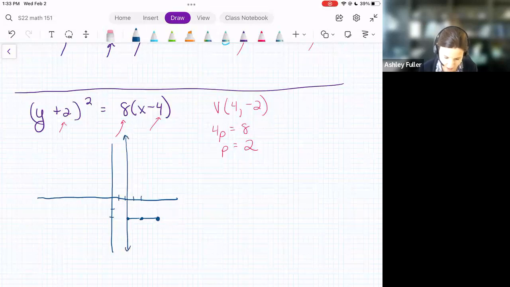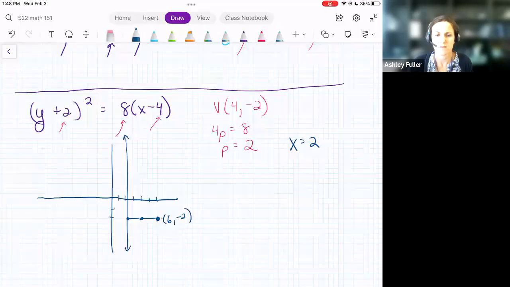Our directrix is going to be a vertical line at x equals 2, and our focus is going to be at 6, -2. We know that the distance here is going to be this 2p.